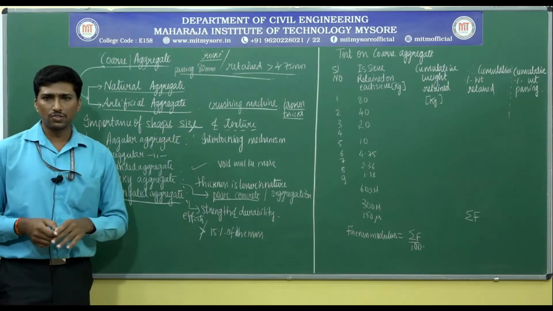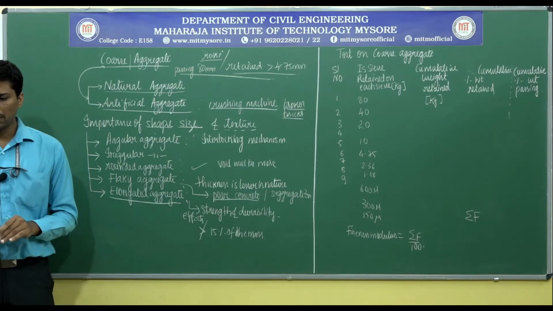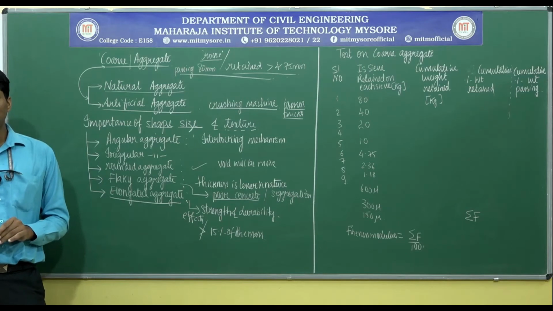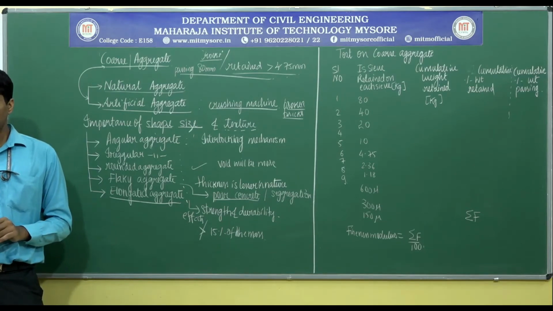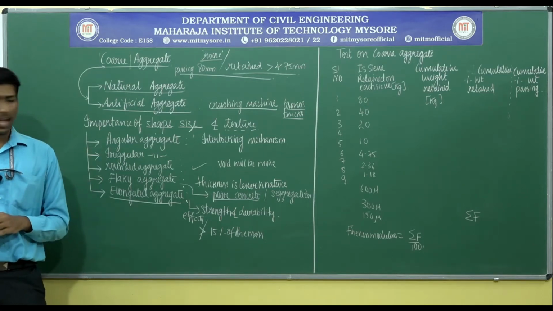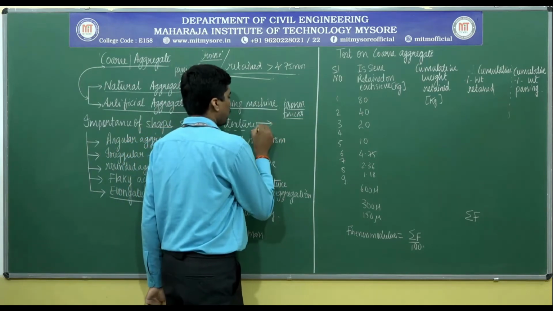Now, moving on to the texture content. Texture content plays a vital role. In the case of aggregates, as I have told, they have rough as well as smooth texture.